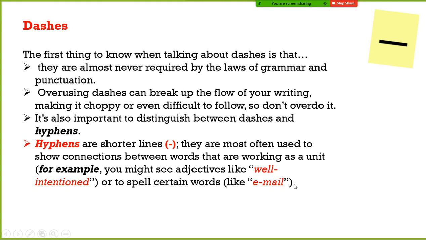We use the hyphen to connect two words that work together as one unit, like the word e-mail. This is the hyphen, not the dash. Well-intentioned is a one-unit word separated by the hyphen, not the dash. The hyphen is shorter than the dash.